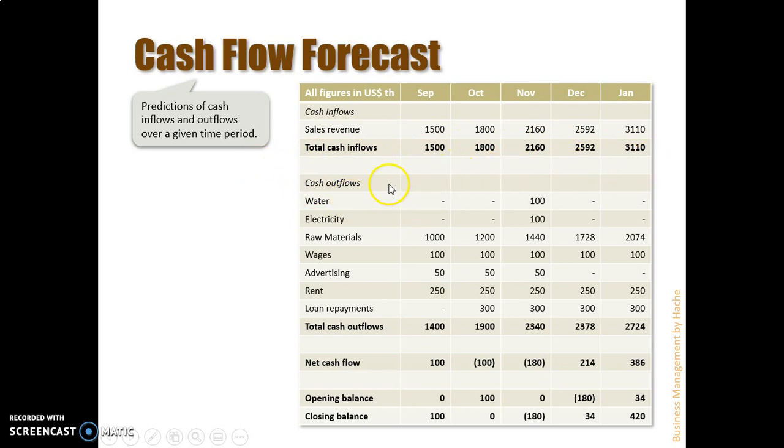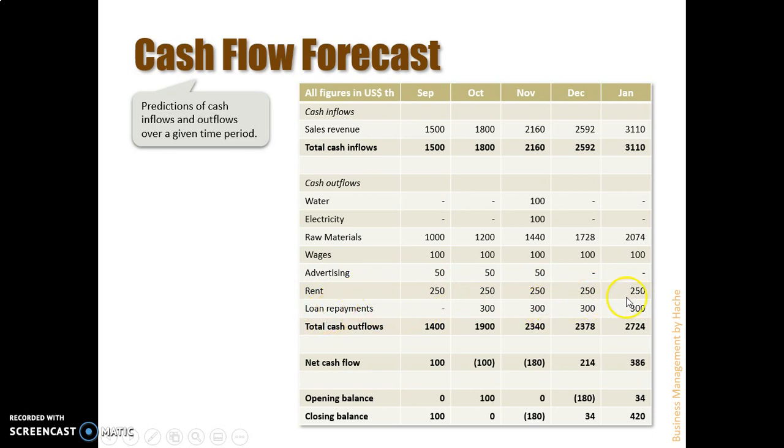Then you have the cash outflows. This is the second section. The cash outflows show all the regular expenses that you pay with the cash of the business. All your regular expenses usually go here, like water, electricity, raw materials, wages and salaries, a regular payment for advertising if there is any investment, the monthly rent of a specific place or premises.